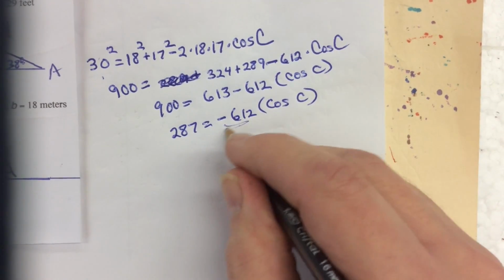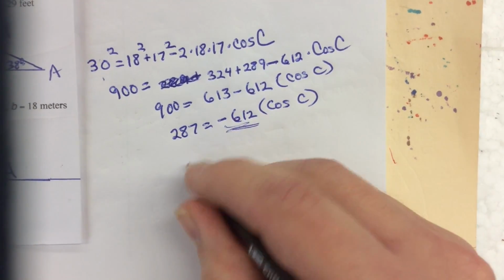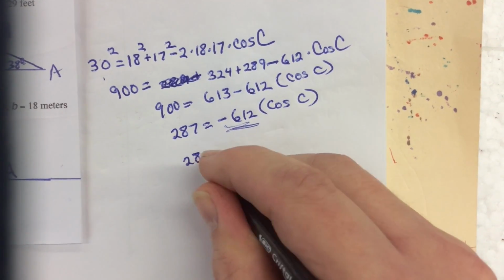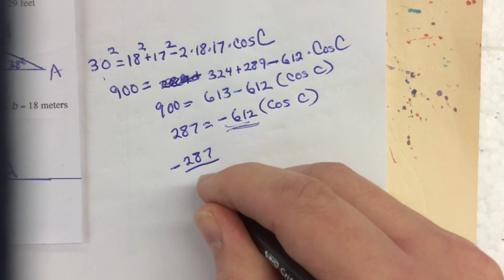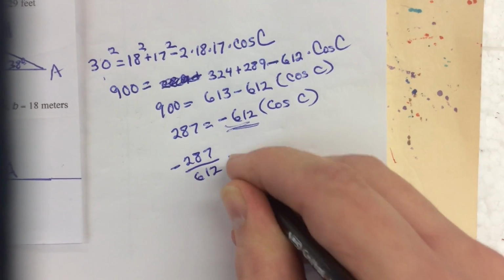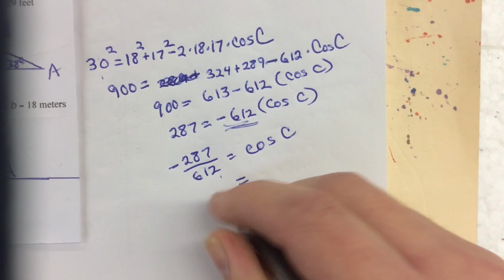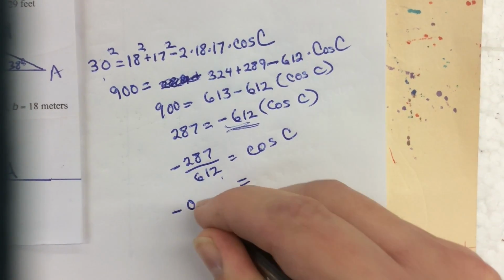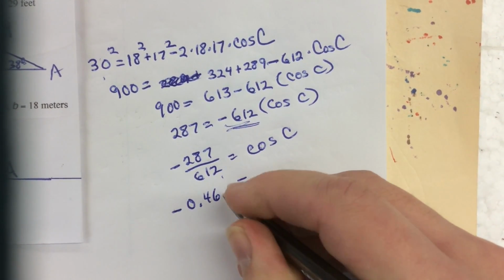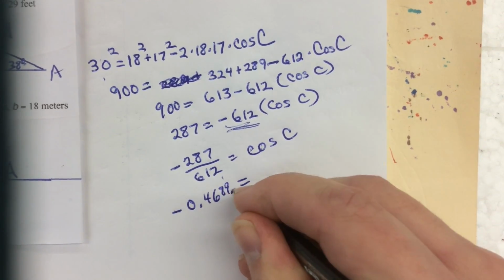If we divide both sides by 612, we get negative 287 over 612 is equal to the cosine of C. This fraction becomes negative 0.4689 something.